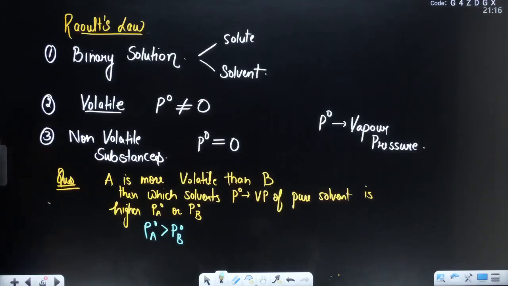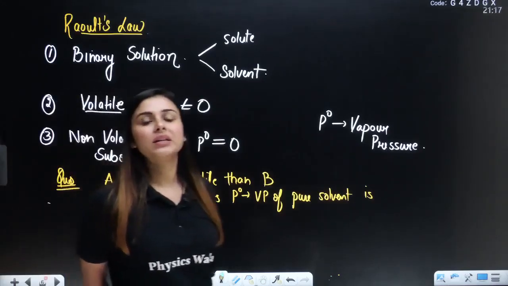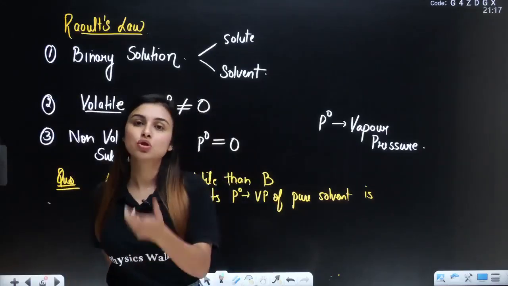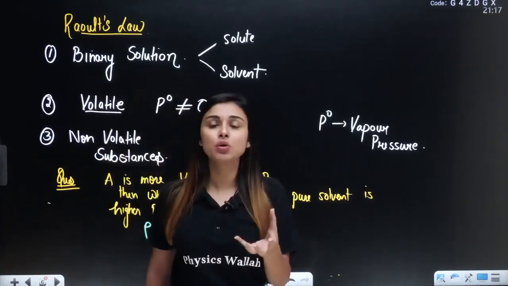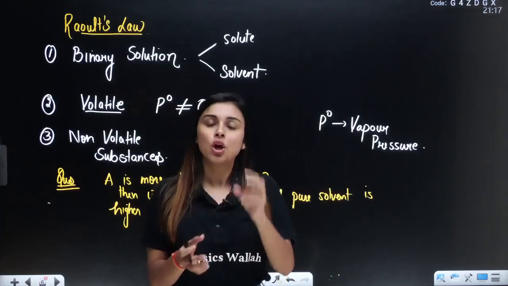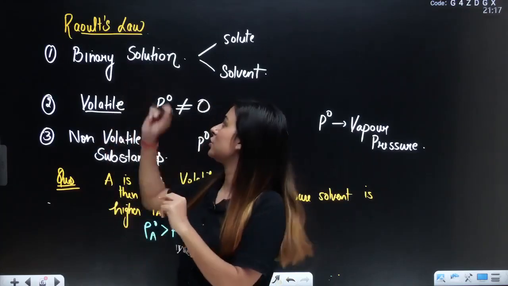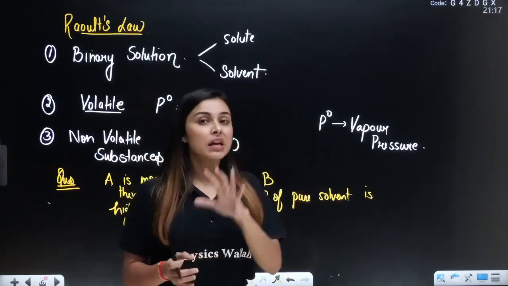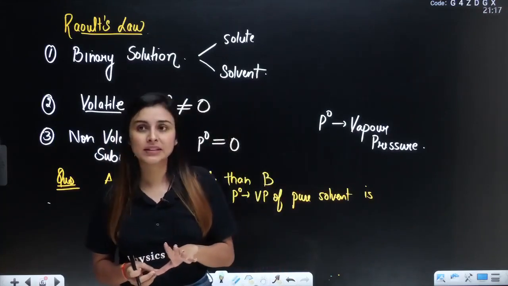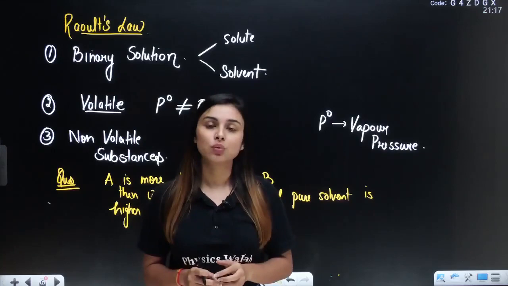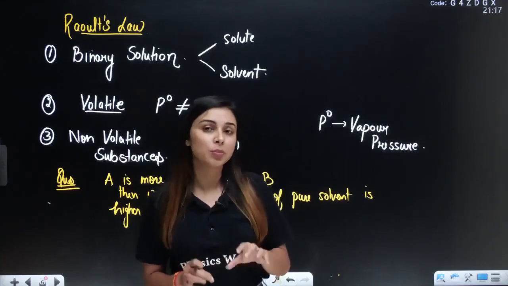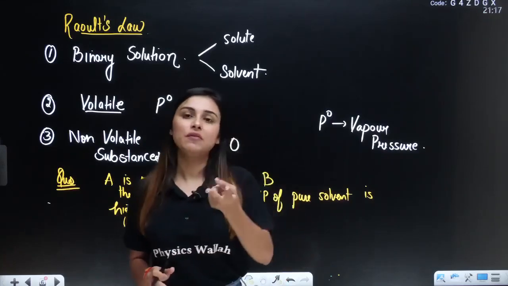Okay. So now, my dear students, what I want to make you understand is Raoult's law. What does Raoult's law tell you? Raoult's law tells you that if you have a solution of two components, I told you we will consider two components, a binary solution, you can calculate the vapor pressure of that particular solution. Now it can have two cases.